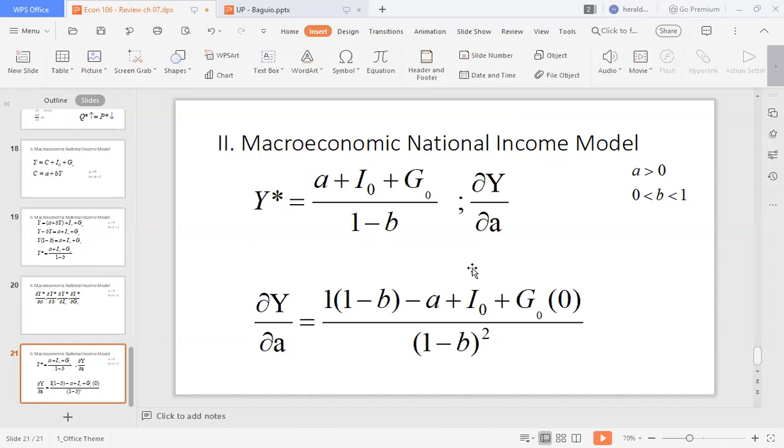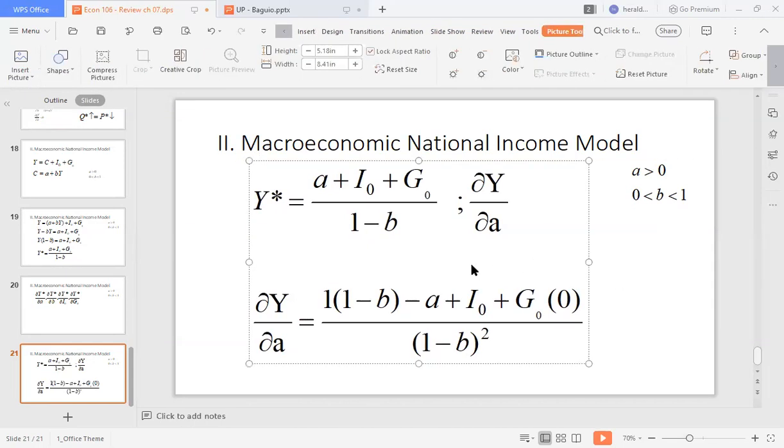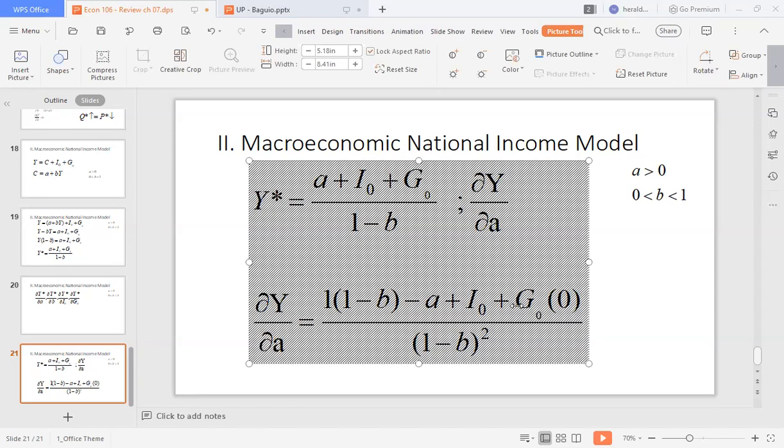Is it correct? Oh, we can still simplify this one. If this is 1 minus b over 1 minus b squared.